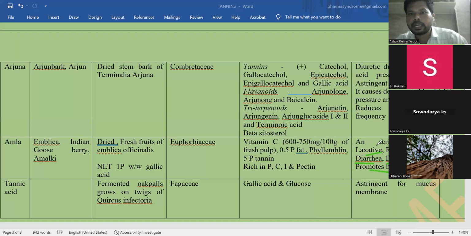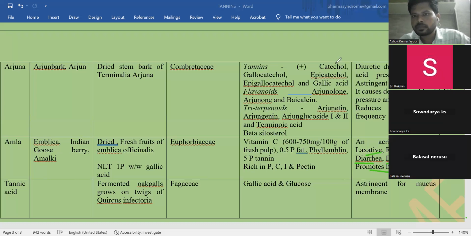So generally it can promote hair growth. If any substance can increase unwanted hair growth, that property is known as, what is that property? Hirsutism. Very good, keep it up.